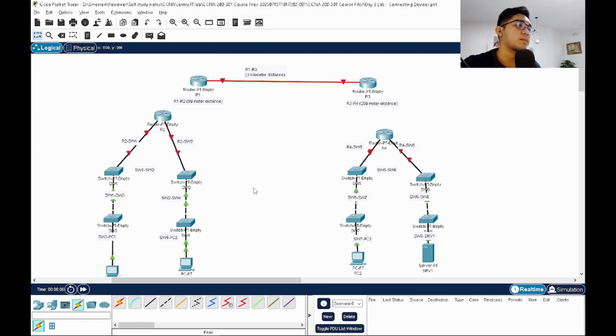And since this is 50 meters, we can still use a copper cable. Our UTP is good for a 100-meter distance. How about this?